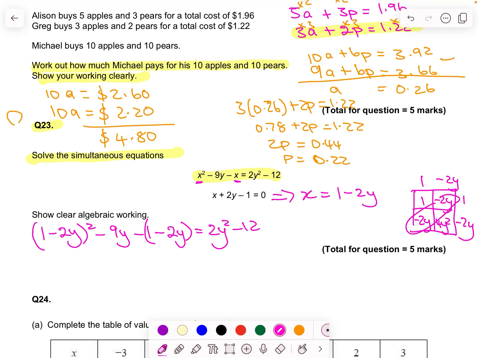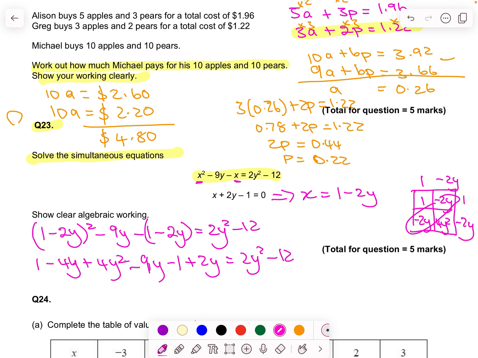So here I've got 1 minus 4y plus 4y squared. Oops, sorry, my pen is playing up. Minus 9y. Now be careful with this one. Minus 1. Then I've got take away minus 2y, so it's plus 2y equals 2y squared minus 12.